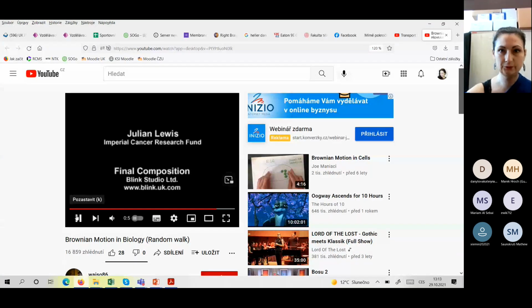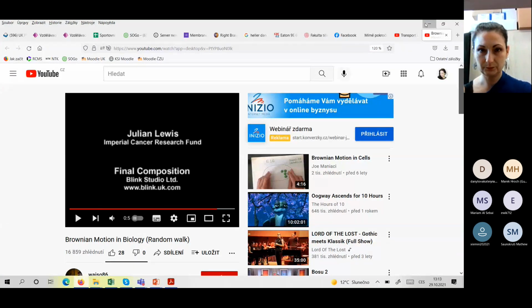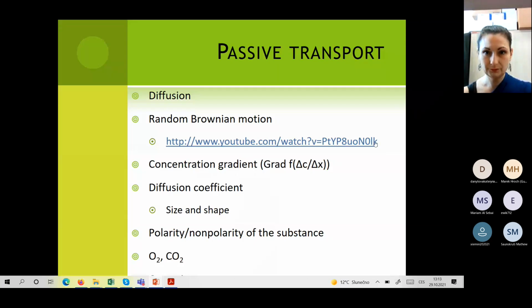Okay, so is it clear from the picture, from the video? Random Brownian motion or random walk means that all particles, atoms, molecules are moving, they are rotating, they are shaking, and they are also so-called walking.